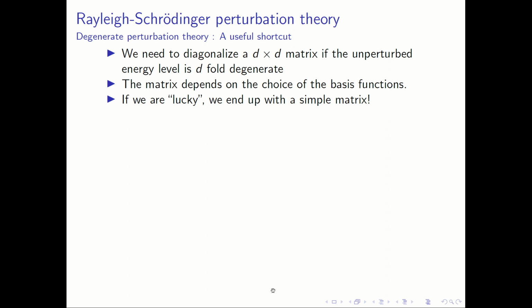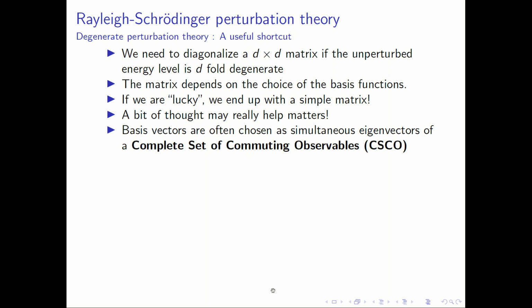If we are lucky, as we were in the last case, we end up with a simple matrix, and our job is considerably less. Well, a bit of thought may help matters. You should not really leave this entirely to luck. And for this, you have to realize that the basis vectors that we choose are often chosen as simultaneous eigenvectors, not only of the Hamiltonian, but of the Hamiltonian with another set of operators, observables, Hermitian operators, which commute with the Hamiltonian and with each other.